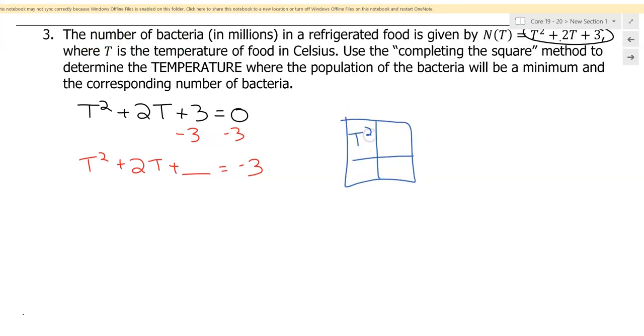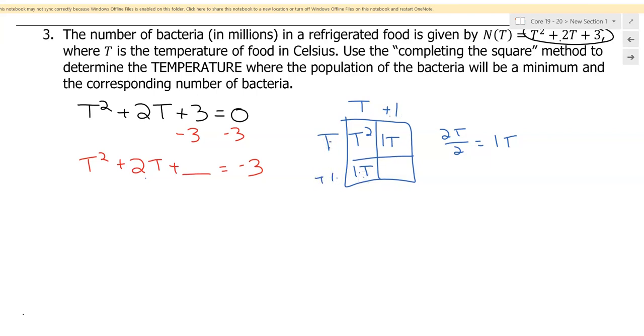T squared goes here. So that's t times t. Then we have 2t being split between two boxes. 2t divided by 2 is 1t. So we have 1t here and 1t here. That means on the outside we have t times a positive 1 and t times a positive 1 to get this.